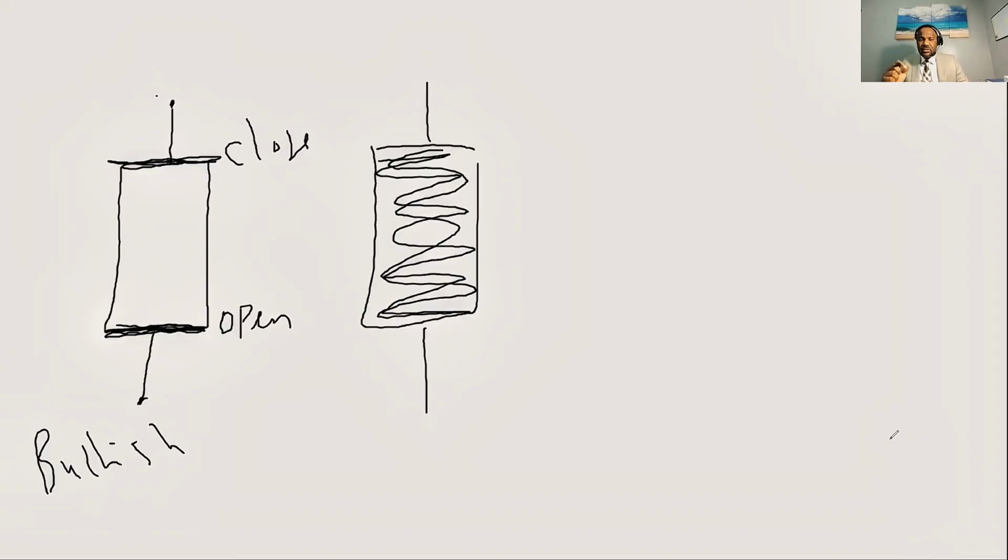A bullish candle is a candle that closes higher than the opening price. You've been hearing the word bullish, bullish, bullish. That's what it means now. It will have a different color from the other one.